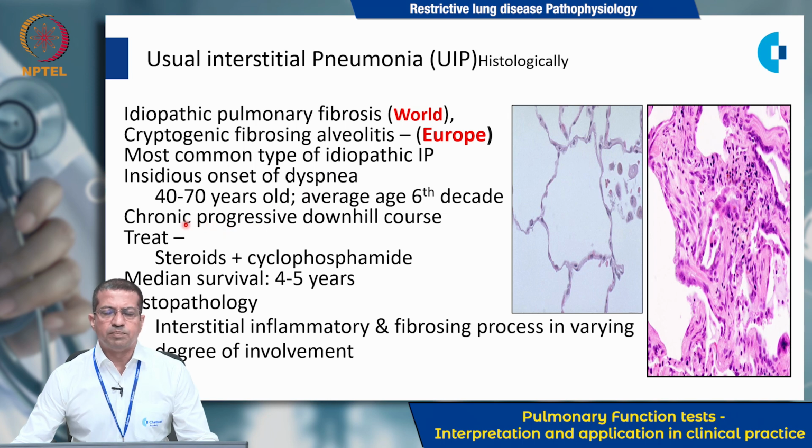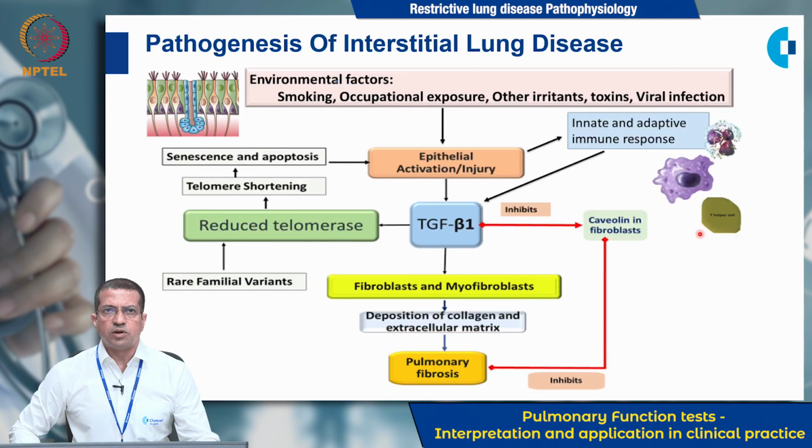Usually it happens in people in the 6th decade of life, and it is a chronic progressive disease, and their median survival is just 4 to 5 years. And this is the description of this microscopic picture telling us about interstitial inflammation and fibrosis of the alveolar septae. So, this is all about unknown etiology causing fibrosing lung disease.